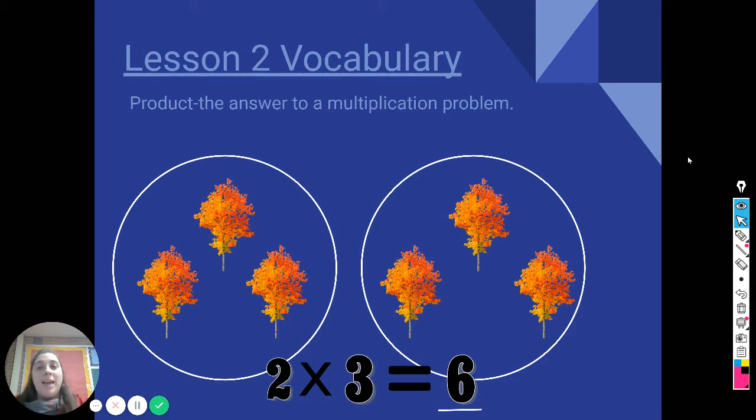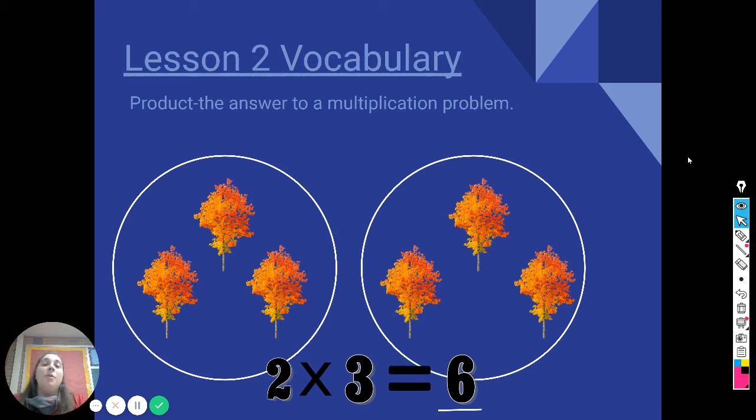So say that with me. X means groups of. Okay, that's really important to remember because we are going to use that for the rest of the year. Okay, so for this problem, we would say 2 groups of 3 equals 6.